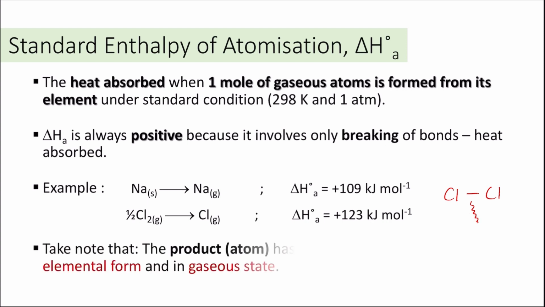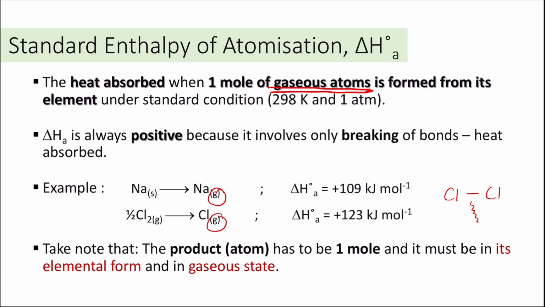So take note that the product atom, iaitu awak punya gaseous atom right now, sebab kat sini nampak perkataan gaseous atom, sebab tu phase dia mesti gas, has to be 1 mole and it must be in its elemental form, iaitu daripada periodic table tu. Apakah elemen yang terhasil tu? Kat situlah. Contoh macam Cl gas ni dalam periodic table kan dia Cl, tapi stable form dia adalah Cl2.